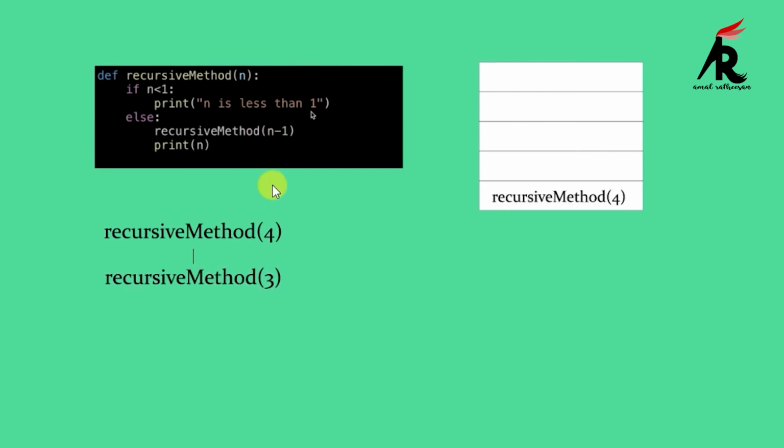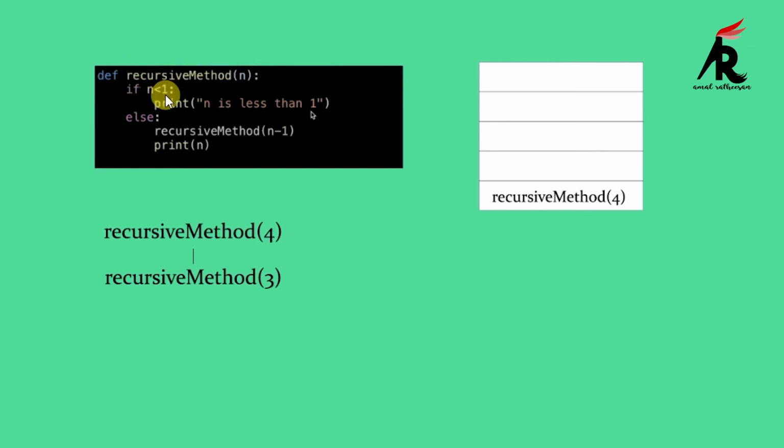Before going to recursive method 3, we have to add recursive method 4 to the stack memory. So now we are executing recursive method 3.